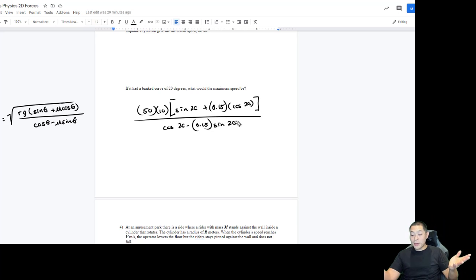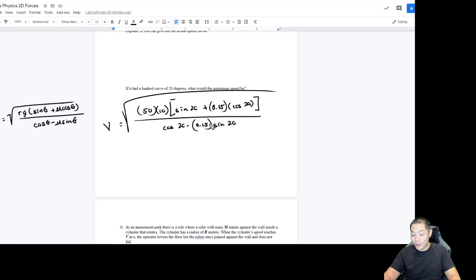Now we have everything and we just need to solve for v. Make sure you take the square root, make sure you distribute, and not make a stupid mistake. I'm going to try my best not to.